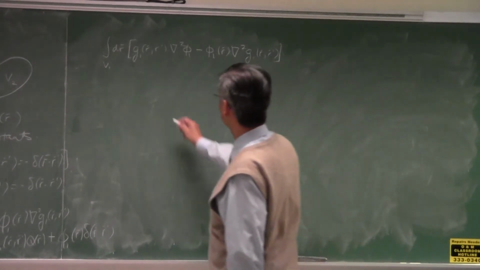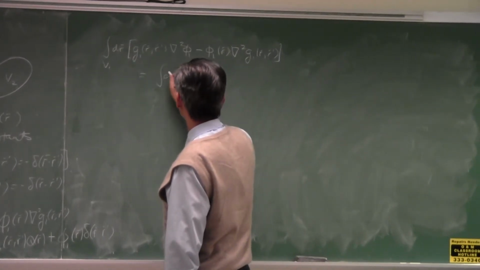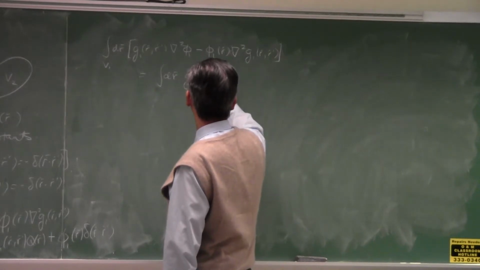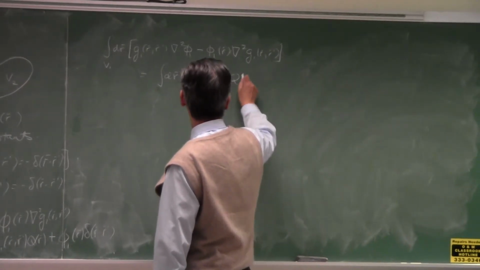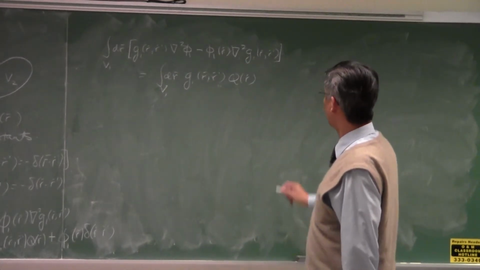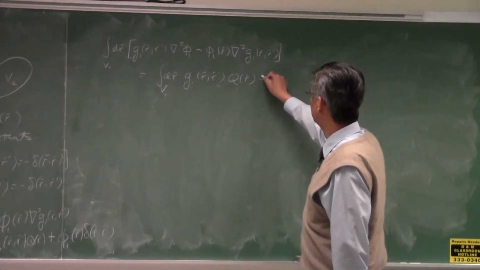And then on the right hand side, you get the integral over V1 of G1(R') Q(R). And then you get the last term.